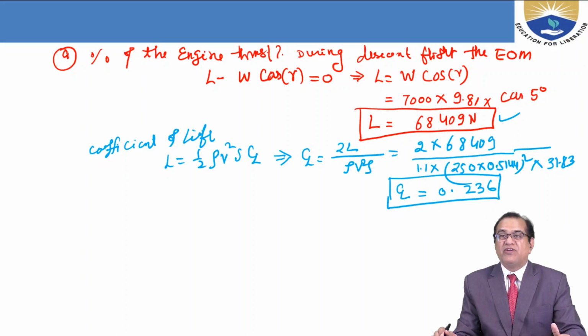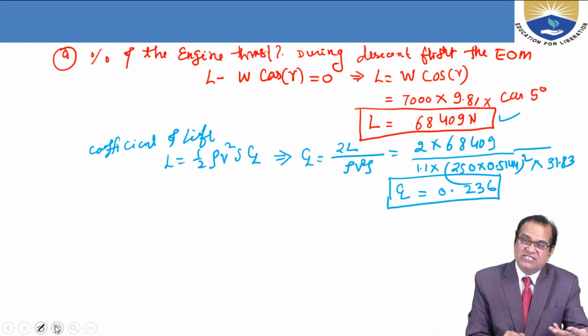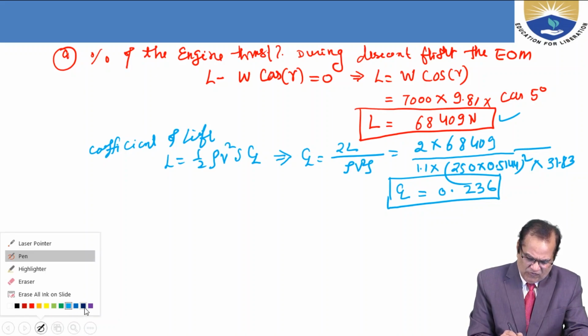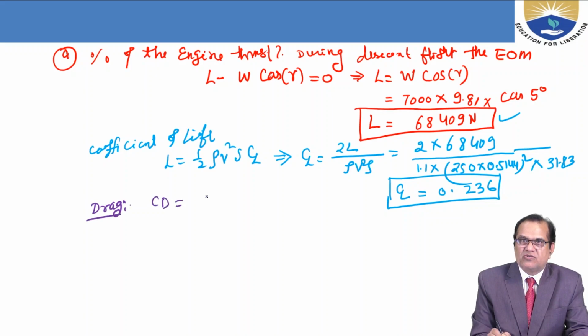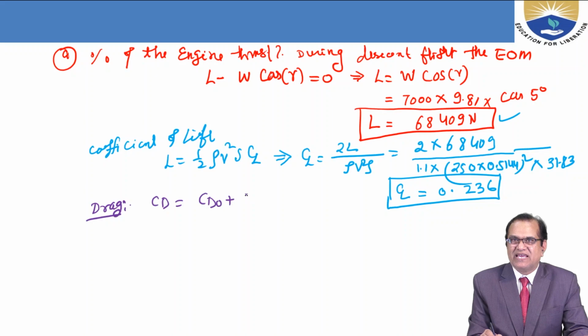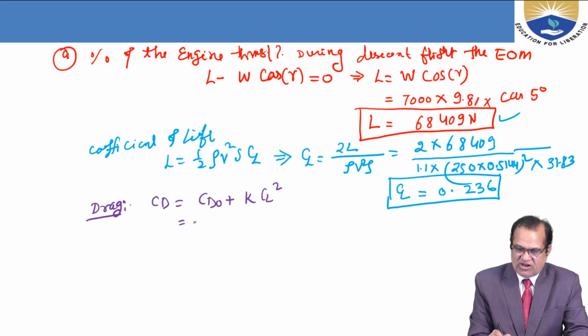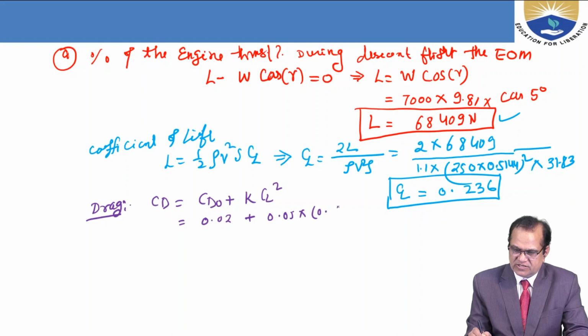So from this CL we have to find out the CD, because thrust is equal to the drag. So now we will find out the drag. And we know that CD is equal to CD naught plus K CL square. So CD naught is 0.02 plus 0.05 into 0.236 square.